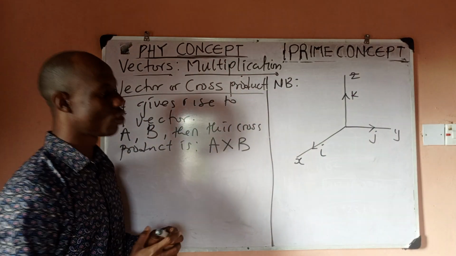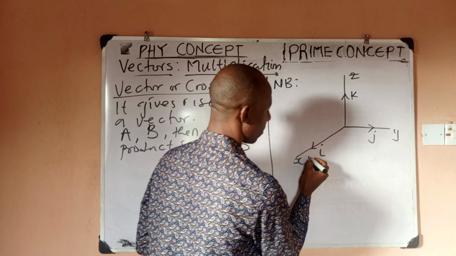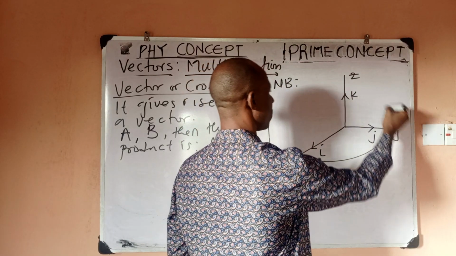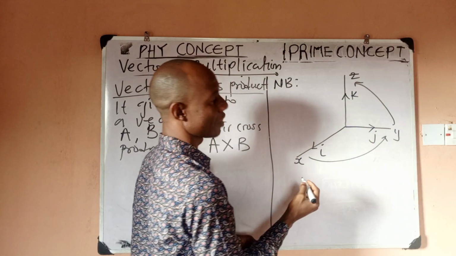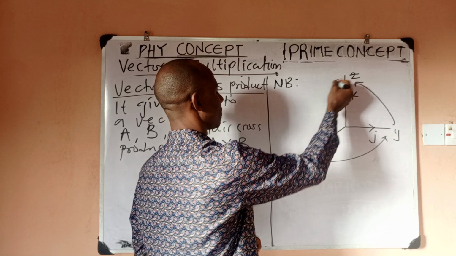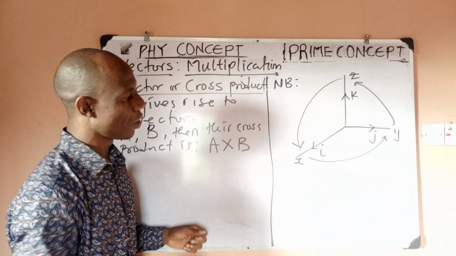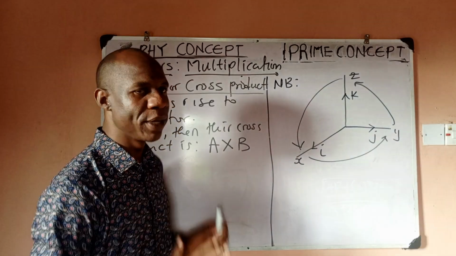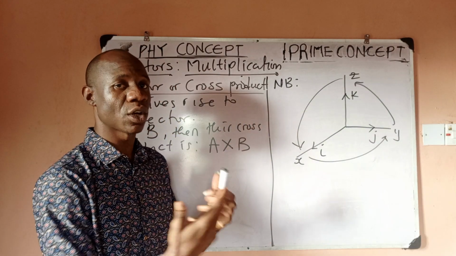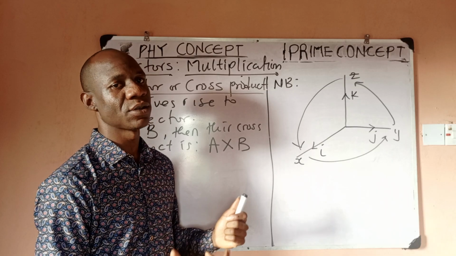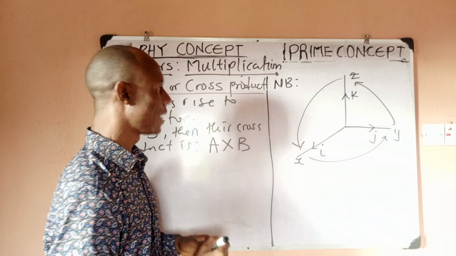Now, one of the things you want to know is that if I multiply in this way, see my arrow, we're going to follow the arrow, because vectors are usually denoted with arrowheads. So if I multiply following or obeying the arrow direction, my result will be positive. But if I go against or opposite the arrow direction, my result will be negative.